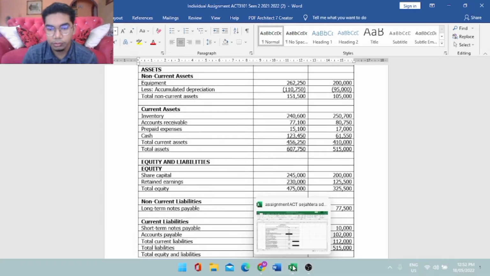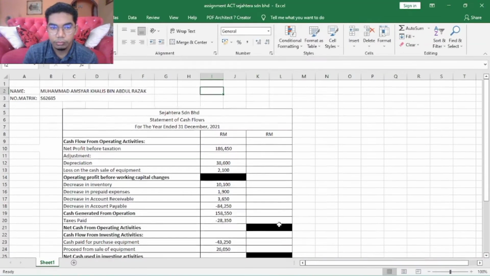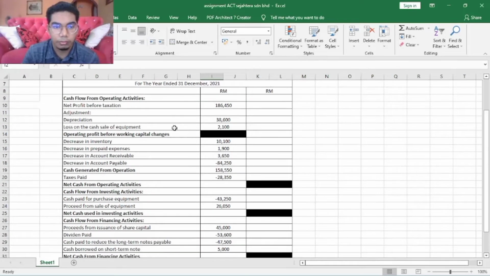So first we do a schedule like this, and at the top is the title of the company, Sejahtera Saudara Berhad, statement of cash flow for the year ended 31 December 2021. And we should put four important items.